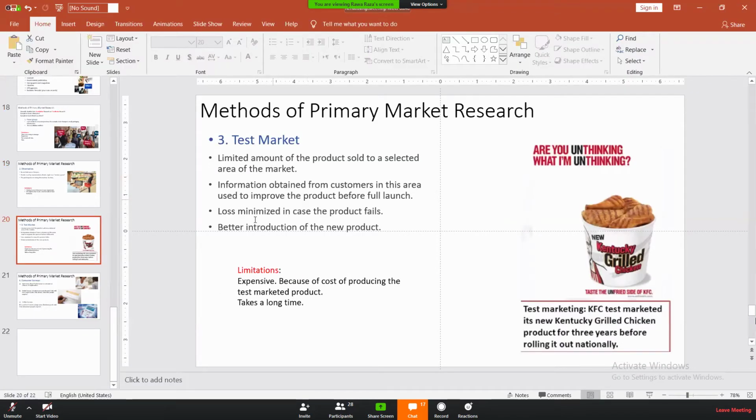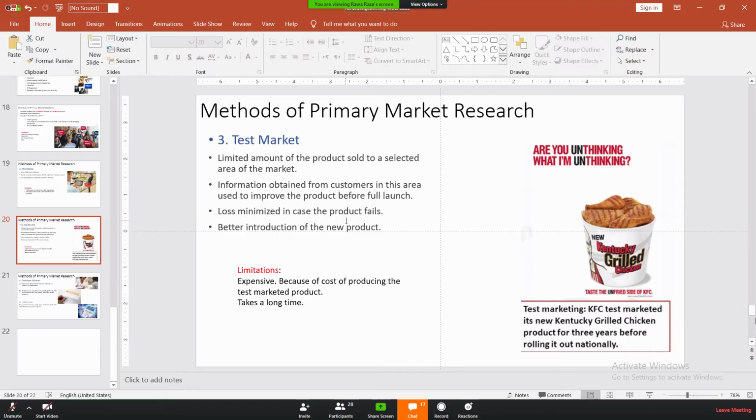Okay, and so on. Test market. By the way, guys, car manufacturers use this a lot. So the more expensive the products that you want to sell, the more you would rely on test market. So Tesla, for example, would not go about launching their monster truck, the one that they made recently, globally right away.